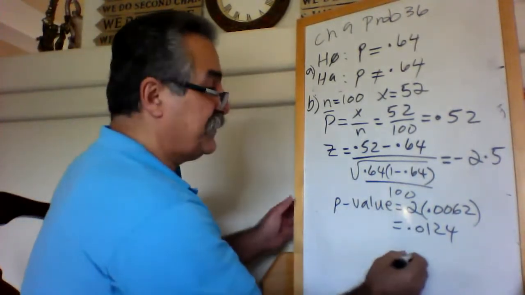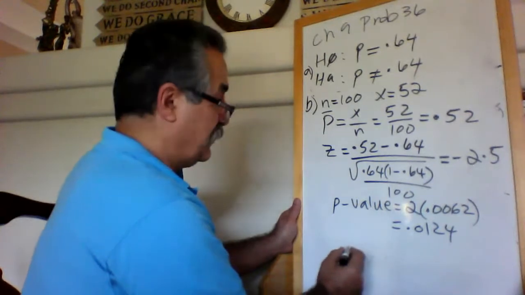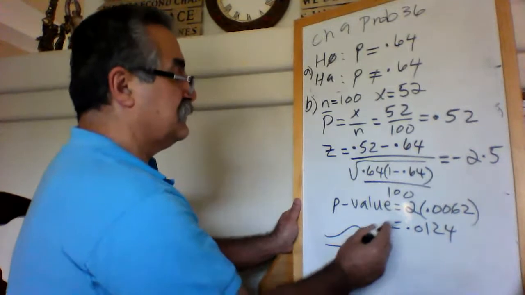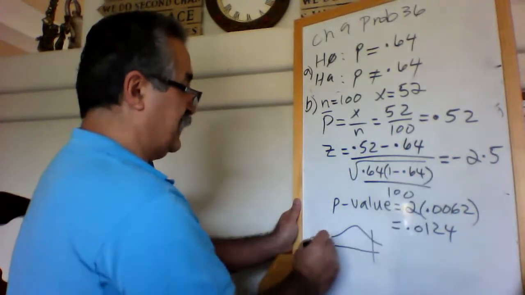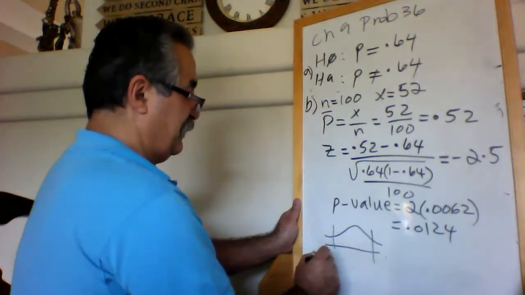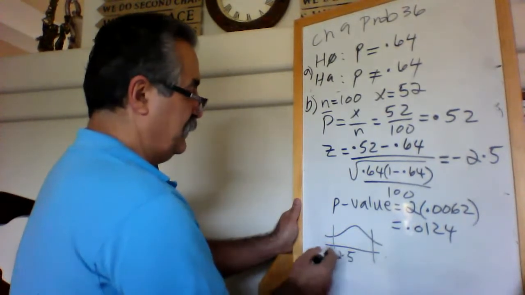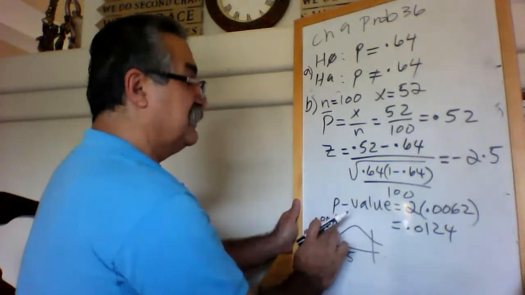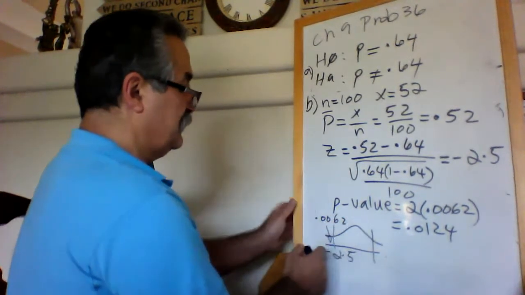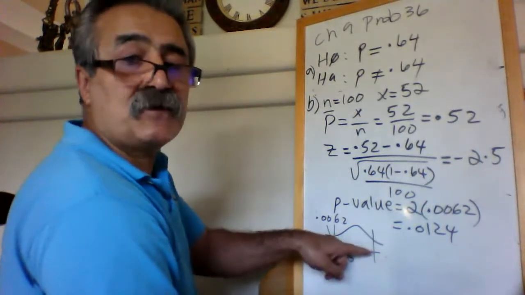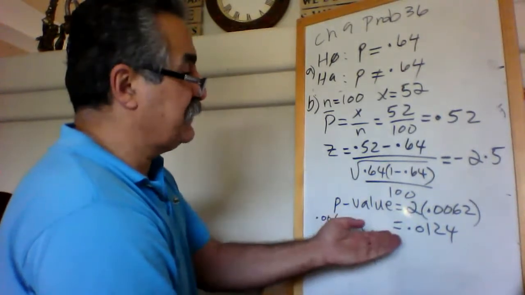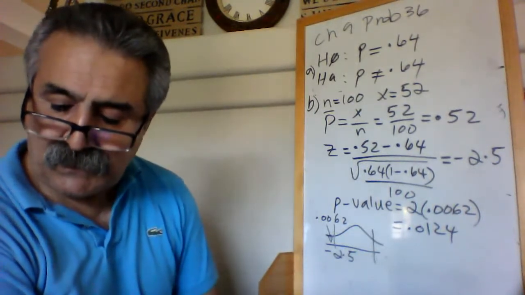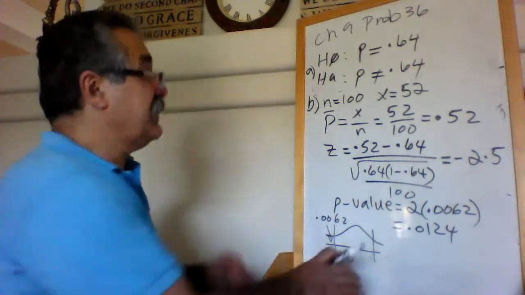If I want to show this to you right here, this is negative 2.5. This area here is 0.0062 on one side and 0.0062 on the other side. We multiply by 2, we'll get 0.0124. That's for part B.